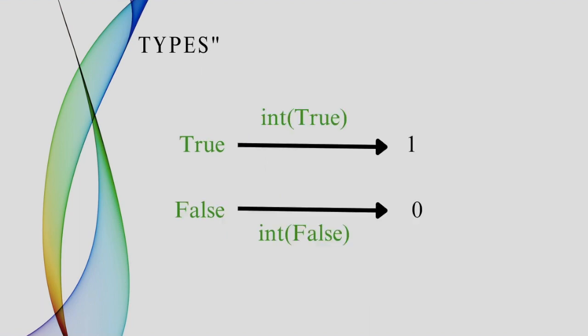If we cast a Boolean True to an int or a float, we will get a 1. If we cast a Boolean False to an int or a float, we get a 0.